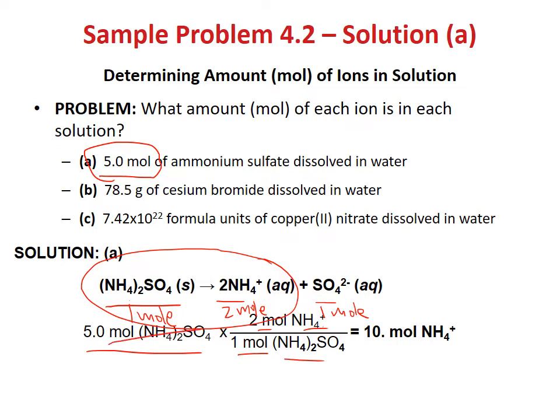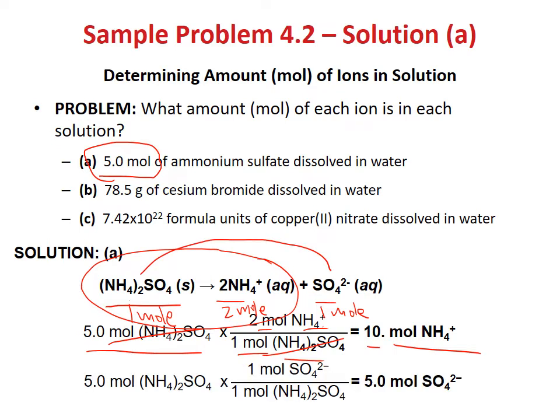So the moles of the salt, ammonium sulfate, cancel, giving you moles of ammonium cation, which is 10. To calculate the anion, the relation is a 1-to-1 ratio. So we can write a conversion factor: 1 mole ammonium sulfate, 1 mole sulfate anion. Again, the salt cancels, giving you moles of sulfate anion. In this case, it's 5 moles.